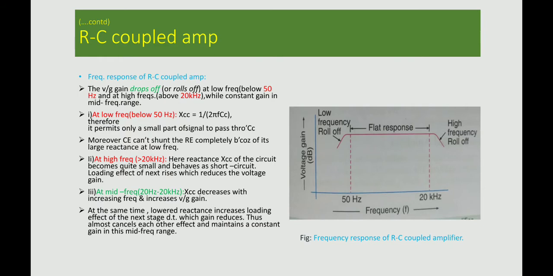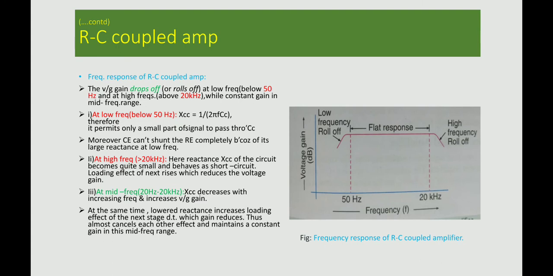Frequency response. We see the flatter frequency response in the mid frequency range, and the voltage gain reduces at lower frequency and at frequency greater than 20 kilohertz. This reduction in gain is due to the capacitive reactance of the coupling components.